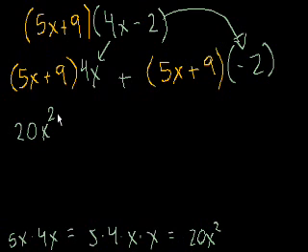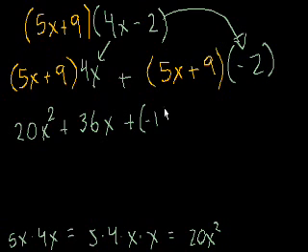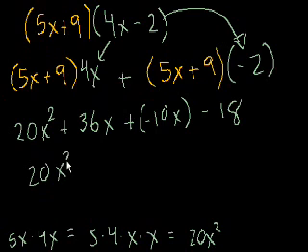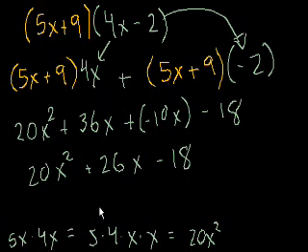So going back to the problem, 5x times 4x is 20x squared, plus 9 times 4x is 36x, plus minus 2 times 5x, so that's minus 10x, and then 9 times negative 2, well, that's minus 18. Well, we're almost done. So we get 20x squared, and we have 36x minus 10x, so that's plus 26x minus 18. There, we're done.